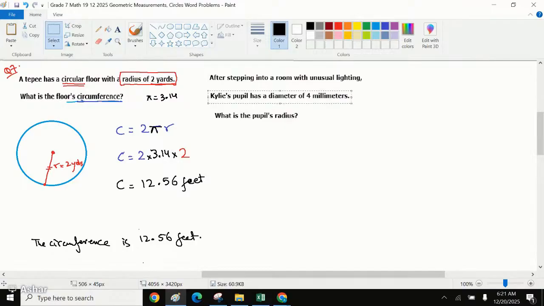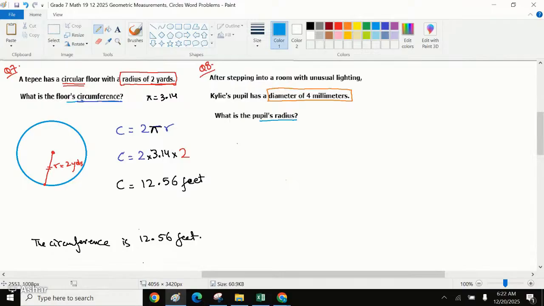For question number 8, the question says, after stepping into a room with unusual lighting, Kyle's pupils, the black part or the colored part inside the eye, right? The pupil has a diameter of 4 millimeters. It is just giving us the diameter. We need to find the radius of the pupil.